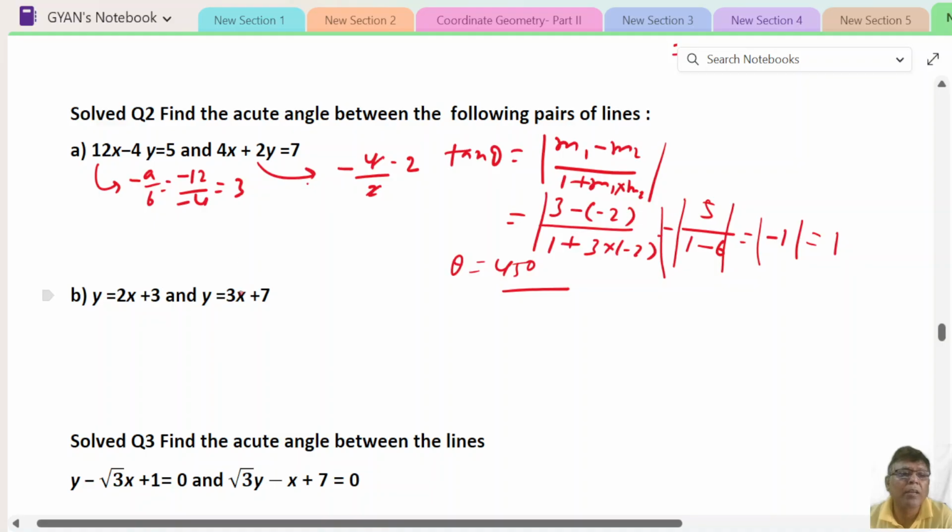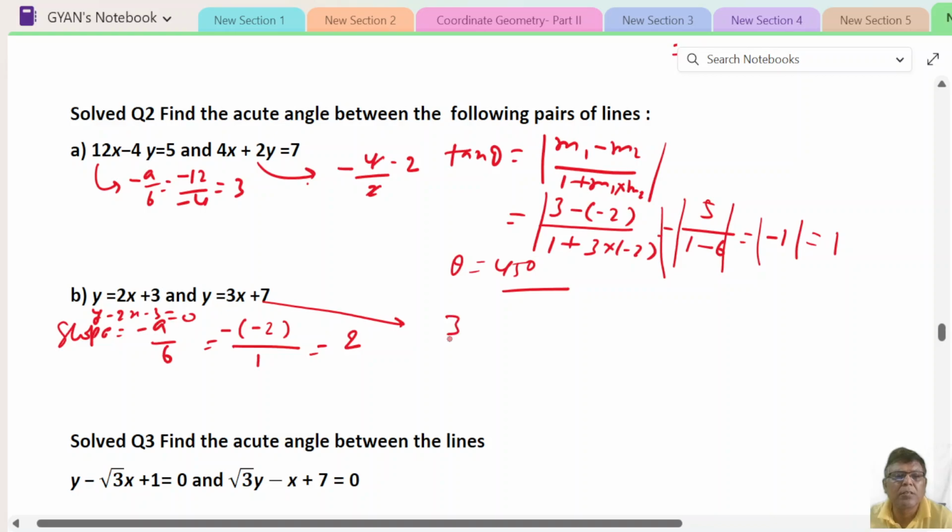Find the angle between these lines. Here slope is minus a by b. So first, y minus 2x minus 3 is equal to 0. So minus of minus 2 divided by b, which is 1. So that is equal to 2. Here similarly, the slope of this is 3.